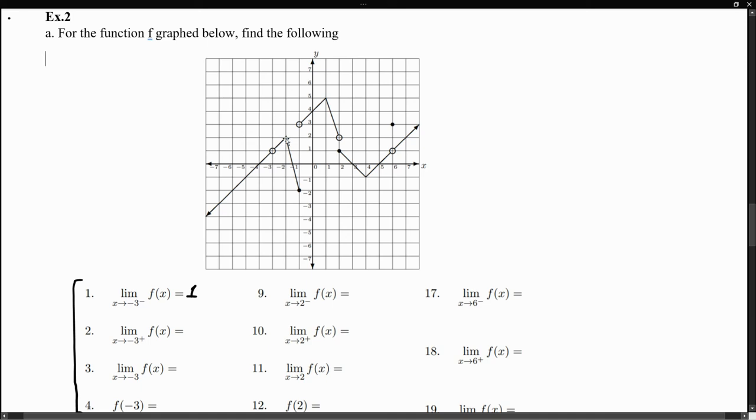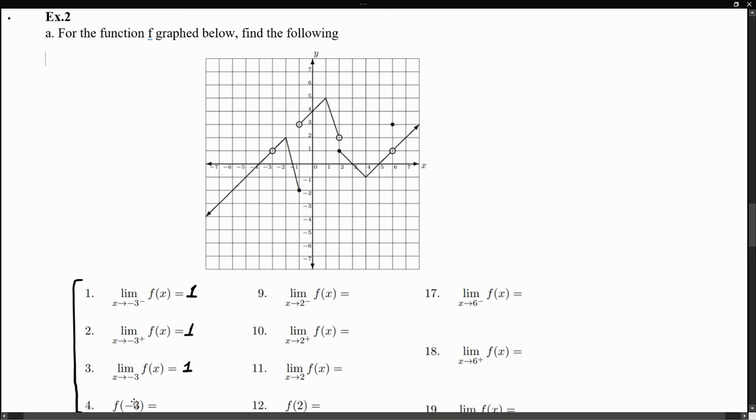So here's negative 3. Now if I approach it from the right, I'm just making this movement, and then from here I'm just going to go down. And notice that I'm also approaching the y value of positive 1. So now notice that the limit from the left is equal to the limit from the right. So therefore, the overall limit is 1 as well.